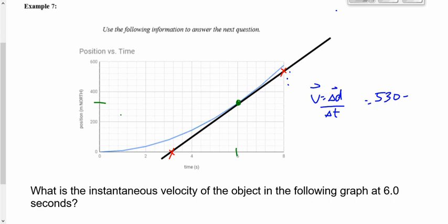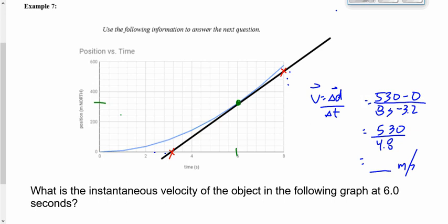Minus 0 because my initial position is 0. Over, what is that, 8 seconds for my final time, minus, what is this, 2.4, 2.8, it looks like 3.2. 530, in this case, divided by, what is that, 4.8, gives me whatever meters per second.